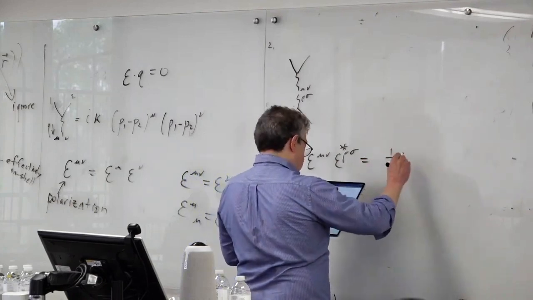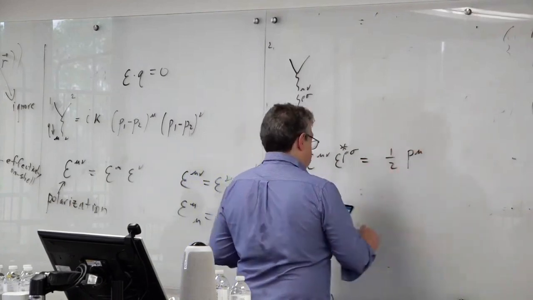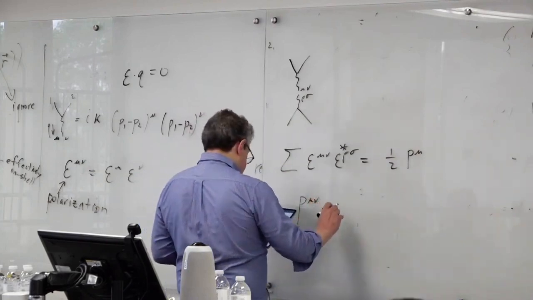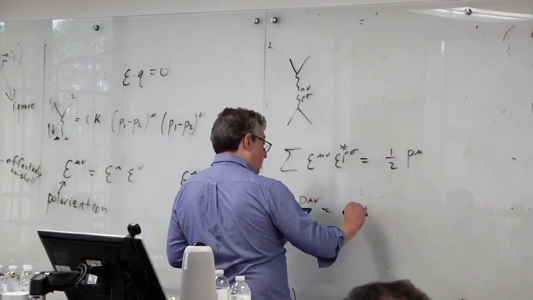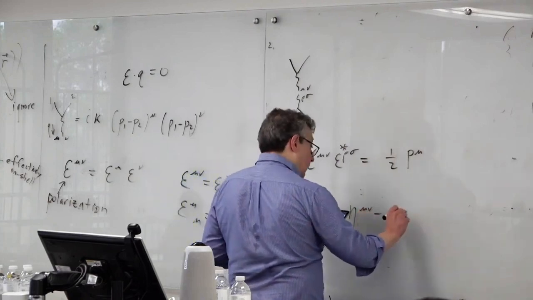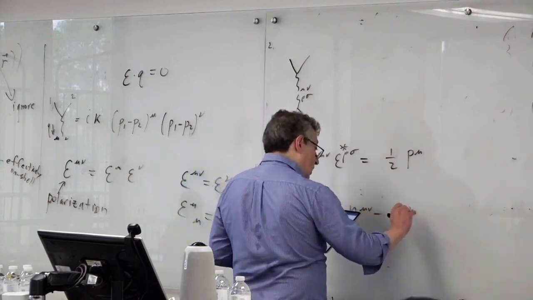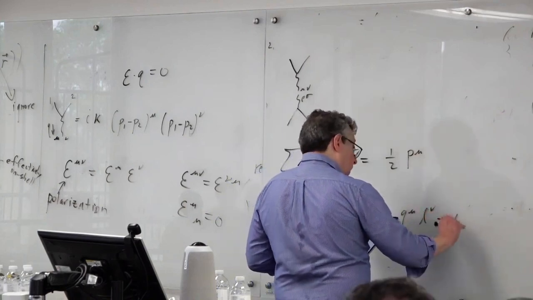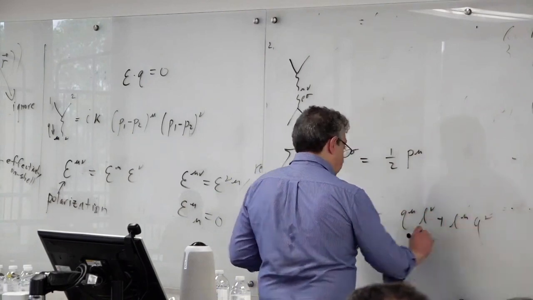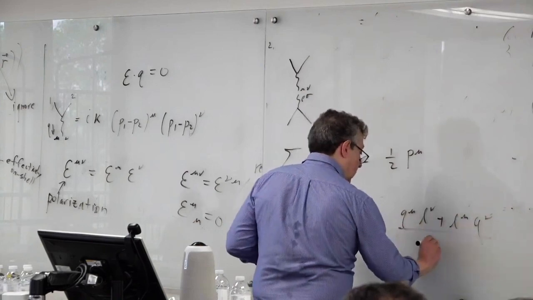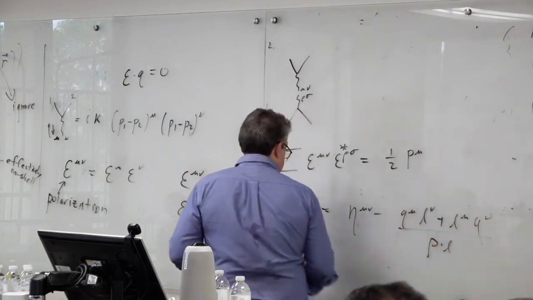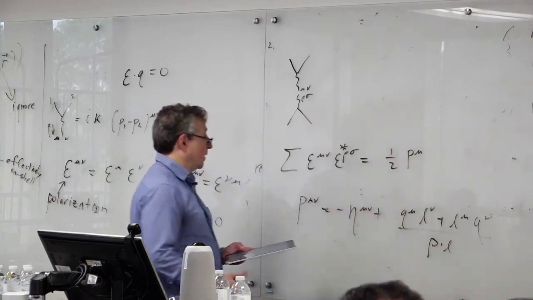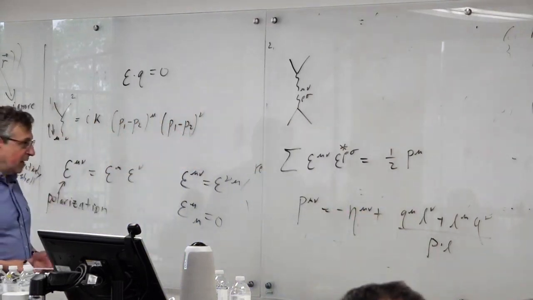It's a little more complicated. So this P mu nu, let's define that to be eta mu nu. This is the projector from the photons. L mu q nu divided by p dot L. So this is the physical state projector, although I think I flipped the sign, but that doesn't matter.